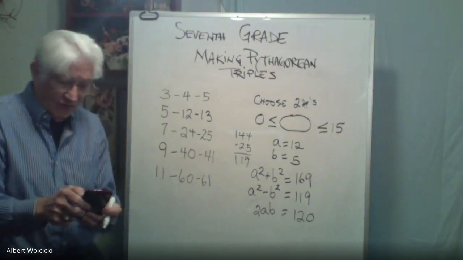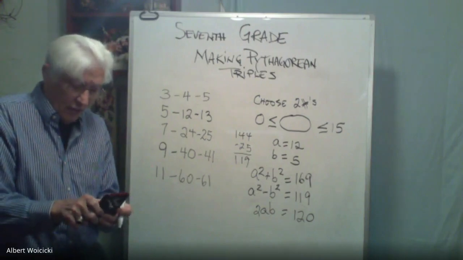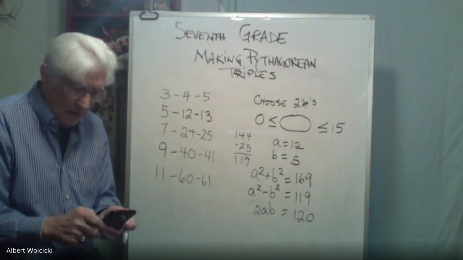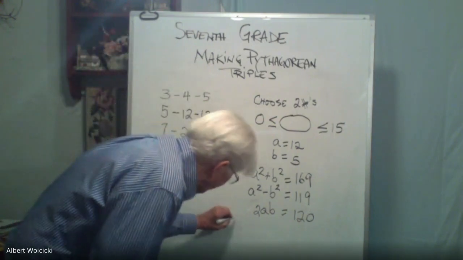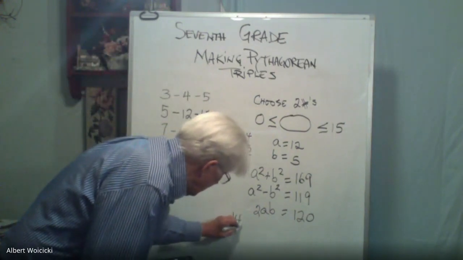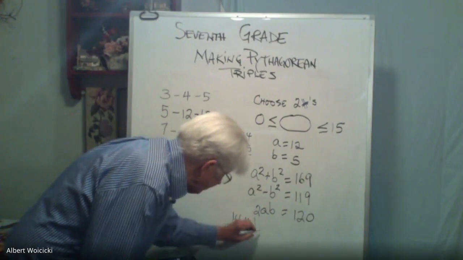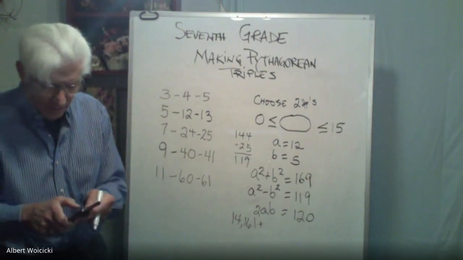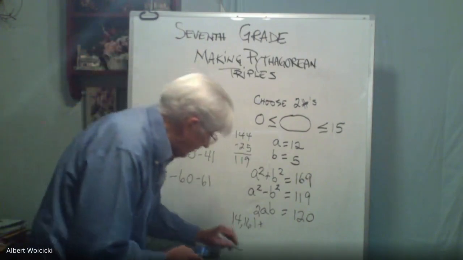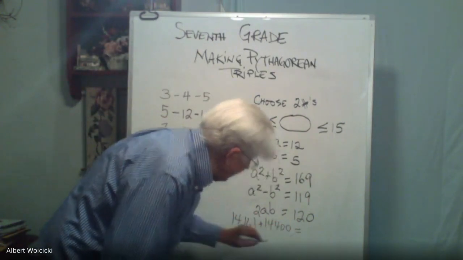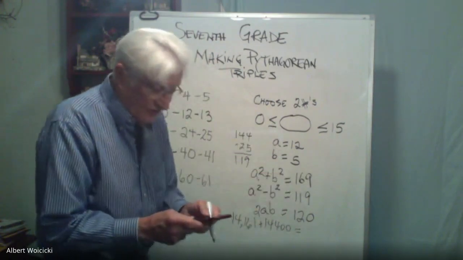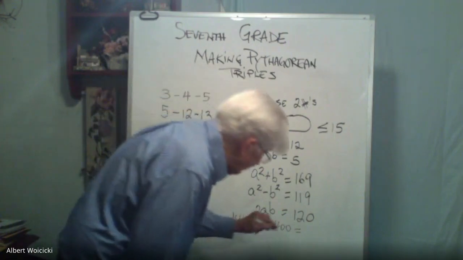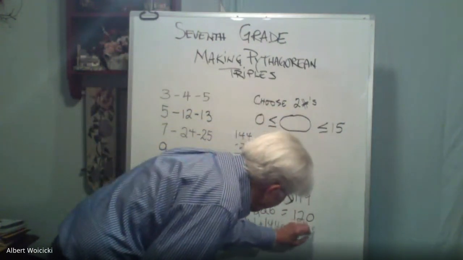So I'm going to figure that out myself. 119 times 119 is 14,161, plus 120 squared. 120 squared is 14,400. And that should equal the square of 169. What is the square of 169? 28,561.